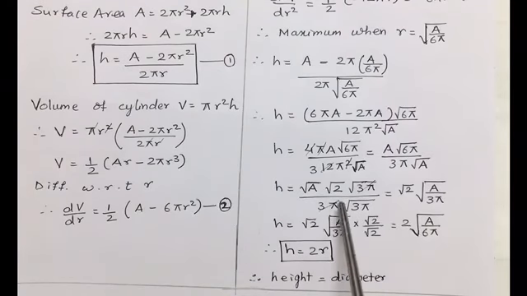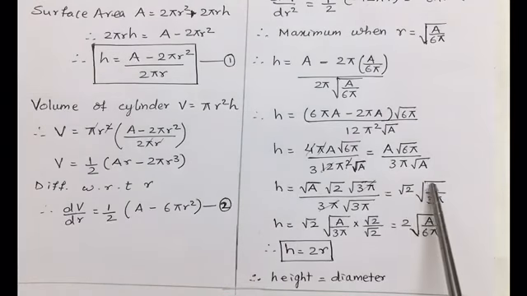Root 6 is expressed as root 2 into root 3 pi divided by 3 pi, so we get here cancellation with root 3 pi and 3 pi gives us root of 3 pi. Upside remains root 2 under root of a upon 3 pi, which is the value of h.